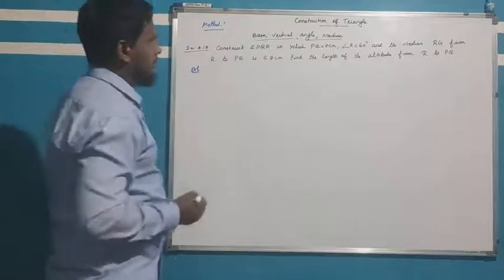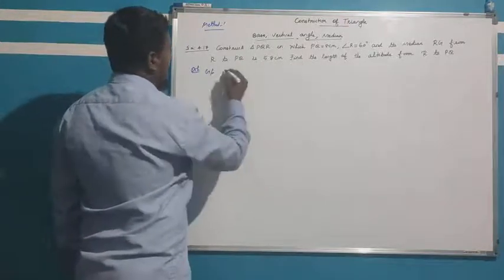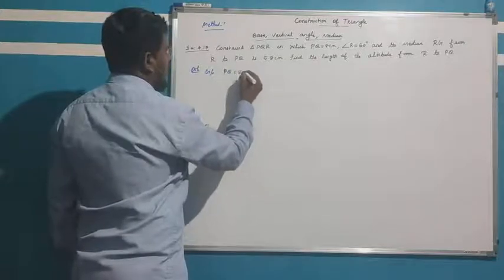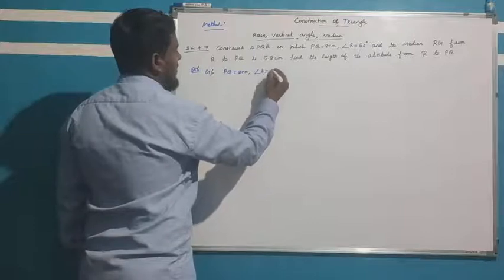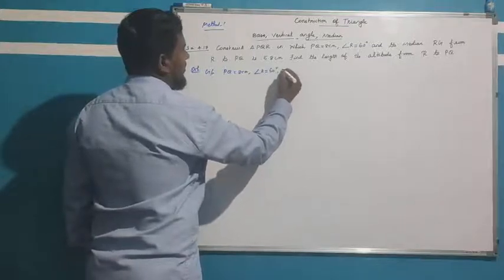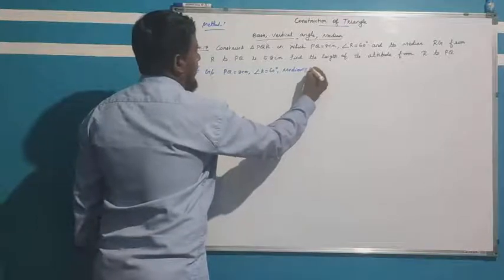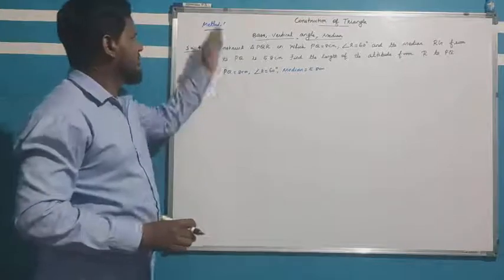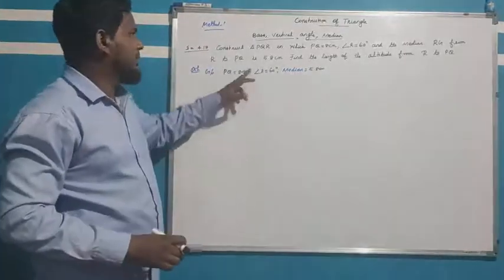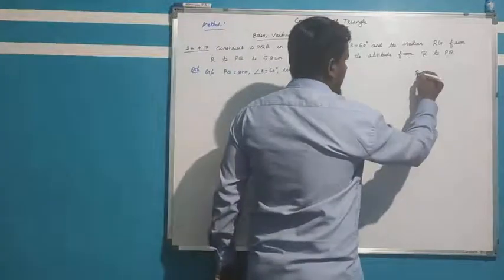So what is given? PQ is equal to 8 centimeter, angle R, the vertical angle, is 60 degrees, and the median is 5.8 centimeter. When this type of data is given, the first method applies: base, vertical angle, median. First you draw the rough diagram.